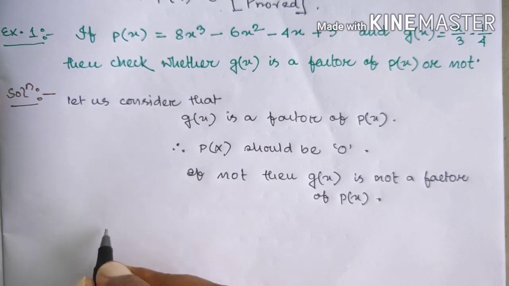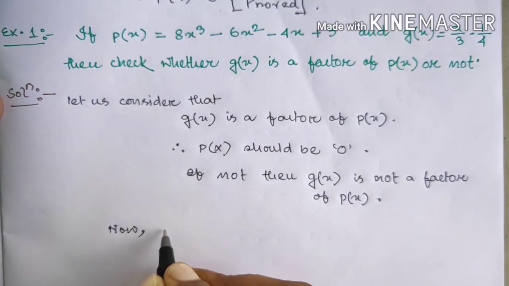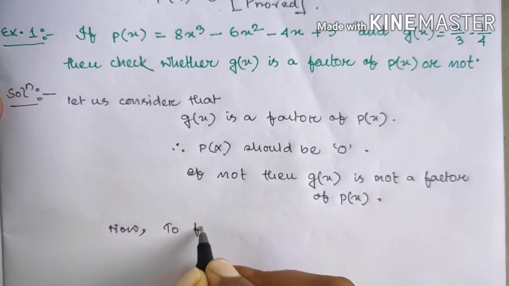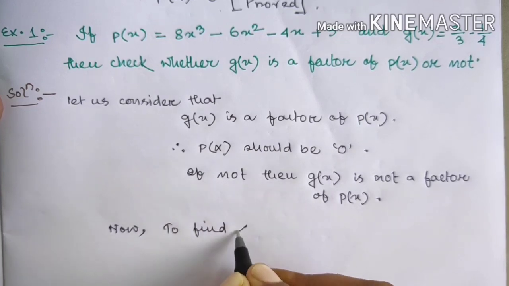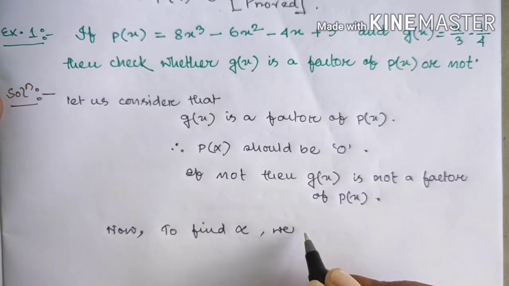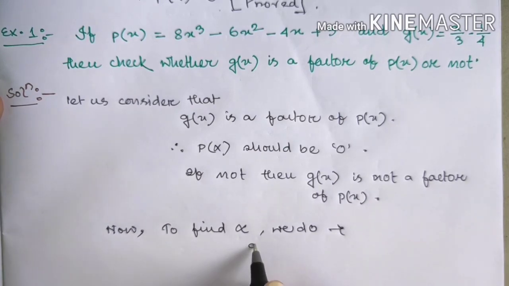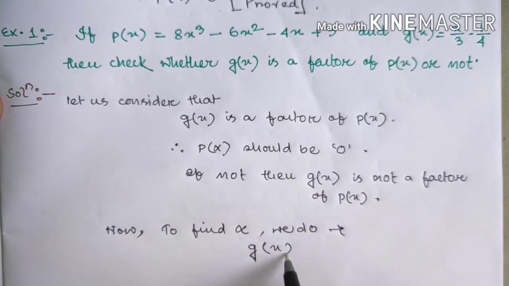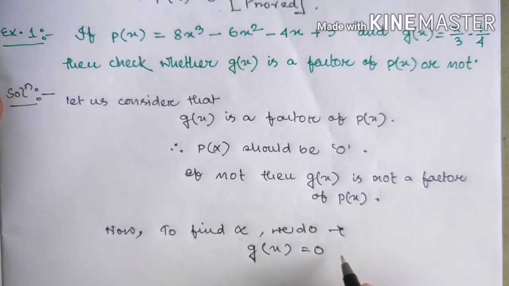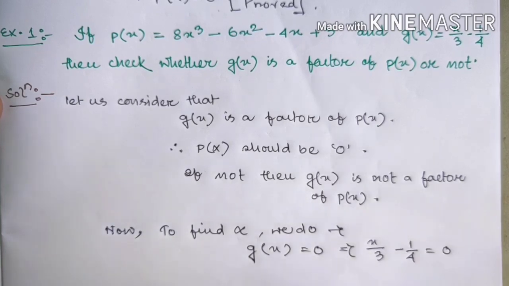Now we have to find alpha. To find alpha, we have to do g of x equal to 0, which implies x by 3 minus 1 by 4 equal to 0.